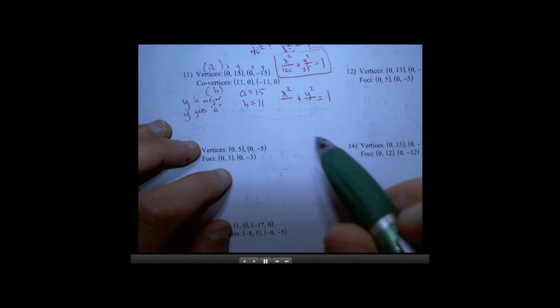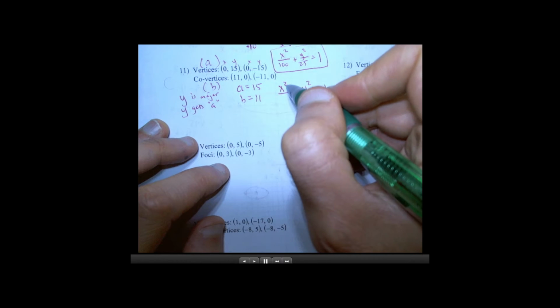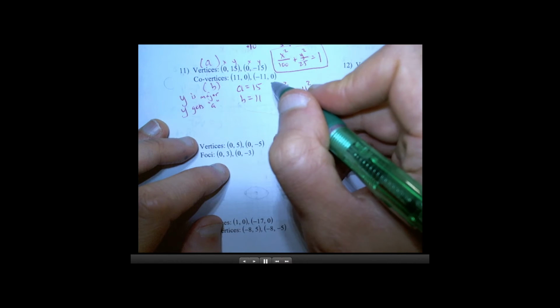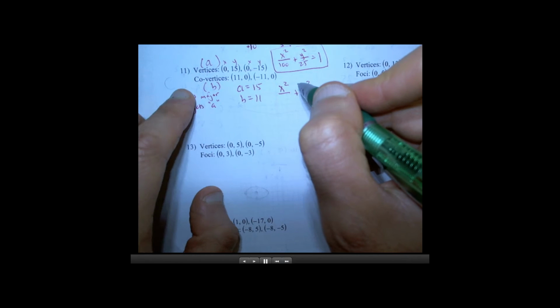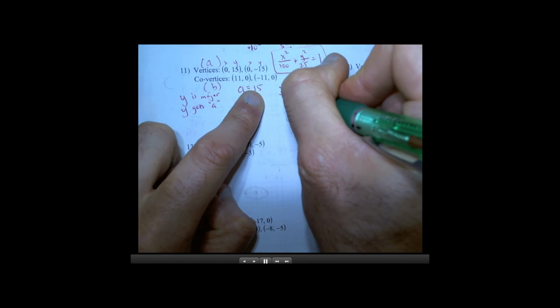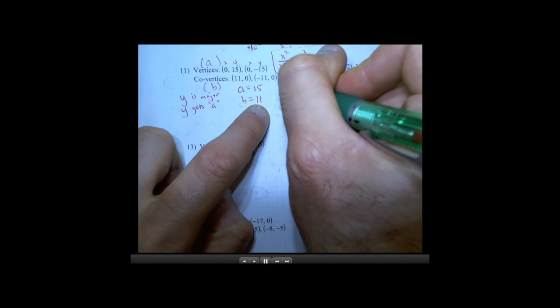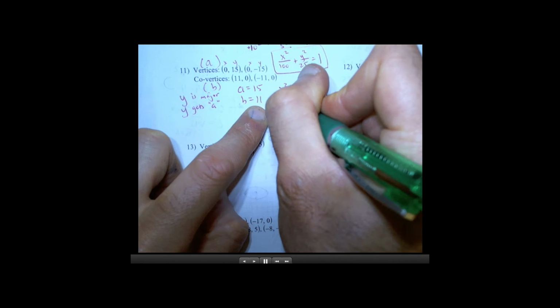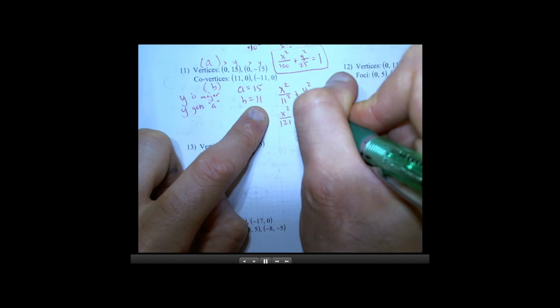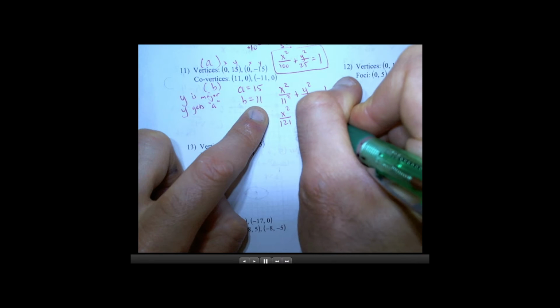Again, who is the major axis? Y gets the A, so Y gets my 15 squared. X gets my 11 squared, so it's x squared over 121 plus y squared over 225 equals 1.